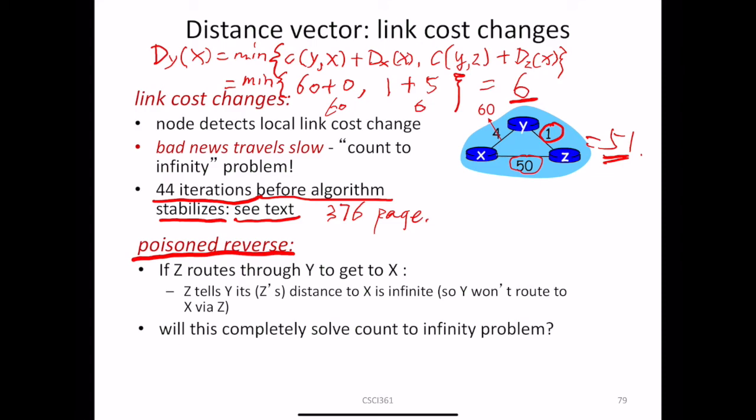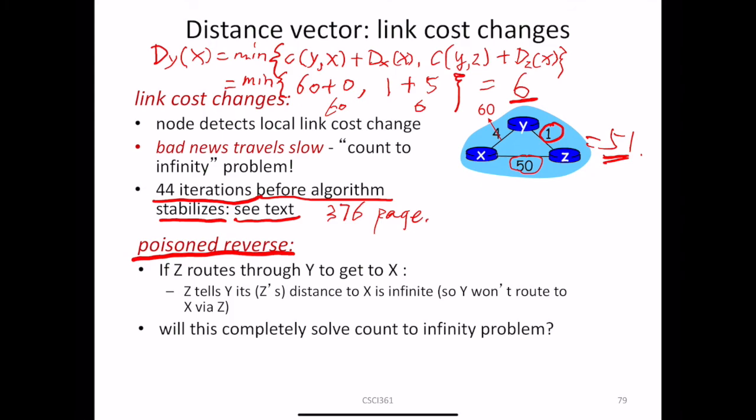Then z will route to x directly as 50 and notify y. Then y will update the distance vector to x through z as 51. Since y routes to x via z, y will tell z that the distance from y to x is infinity.